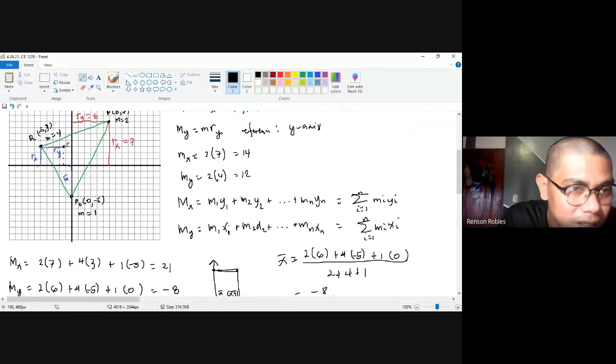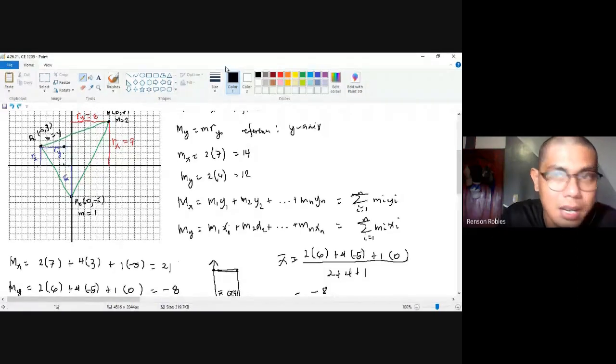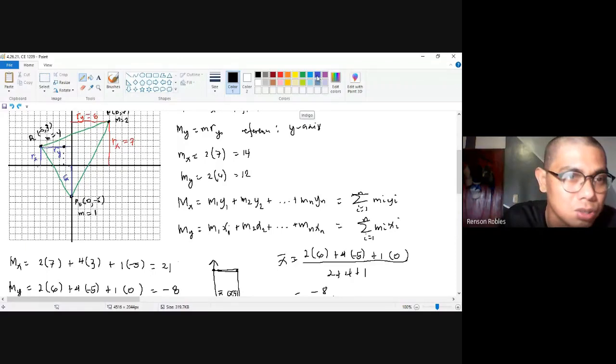I think we got this correctly because, as you can see, the heaviest mass belongs to particle 2. This is the centroid, -8 over 7, 3.